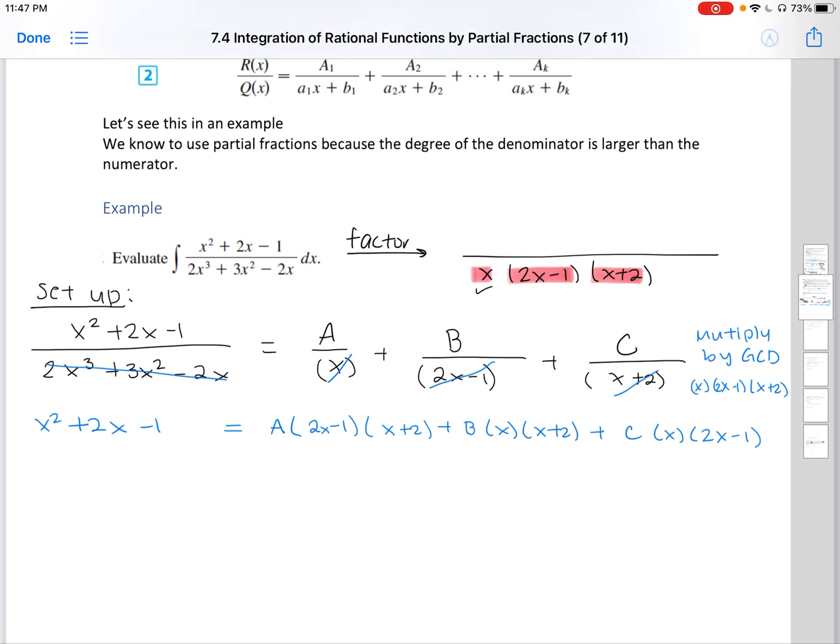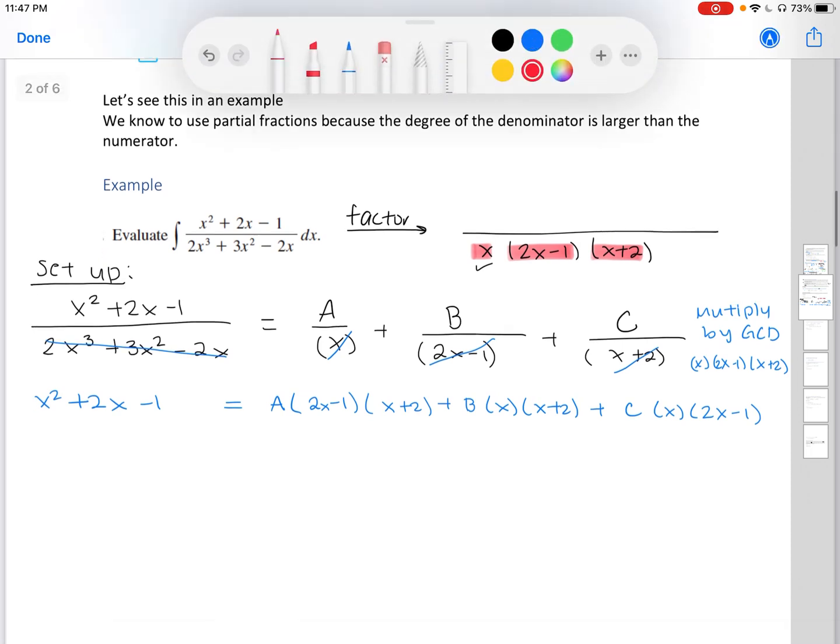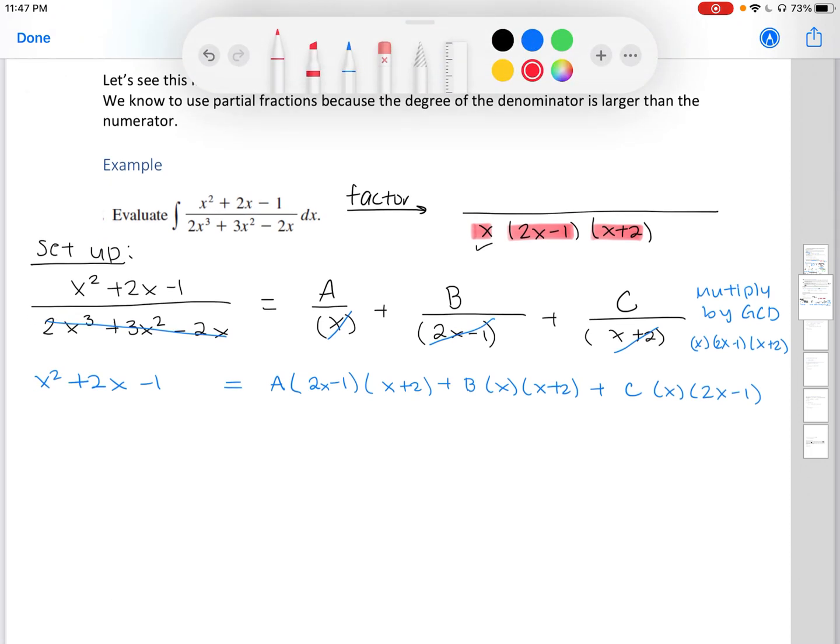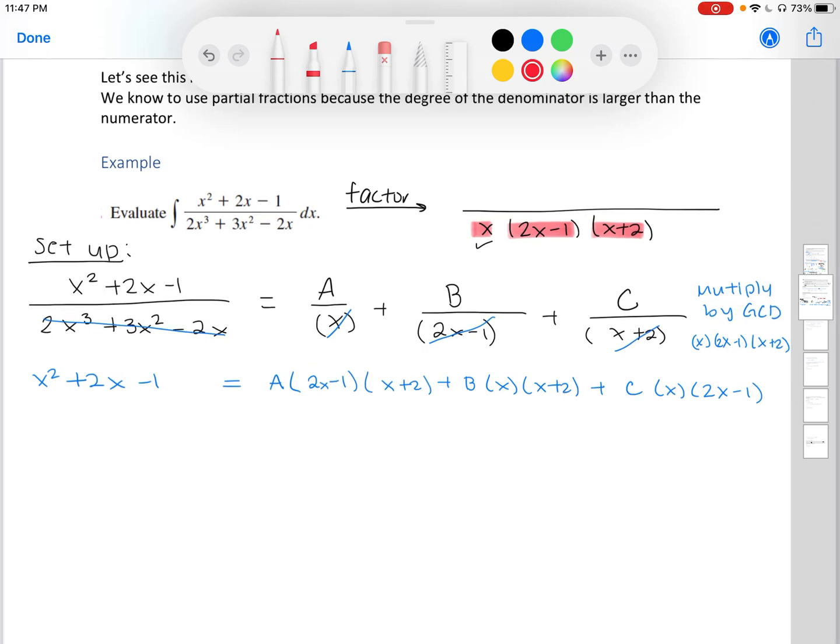All right, from here, let's go ahead and multiply. Let's expand our right-hand side. So we're going to have to go ahead and FOIL. You can go ahead and FOIL these two. So we're left with 2x squared plus 4x minus x minus 2.